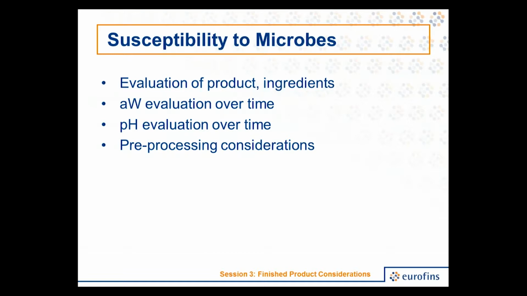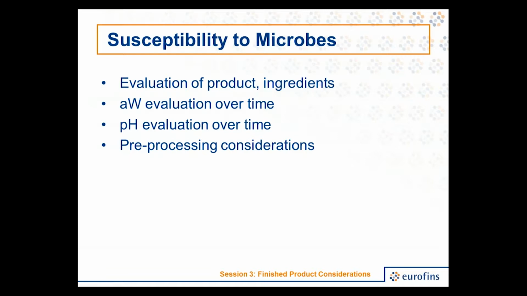Also, susceptibility to microbes and microbial growth within your product over time is a concern, as has been noted several times within this presentation. There is zero tolerance for pathogens, as these products are generally handled within the home by caretakers, so of course handled by humans.